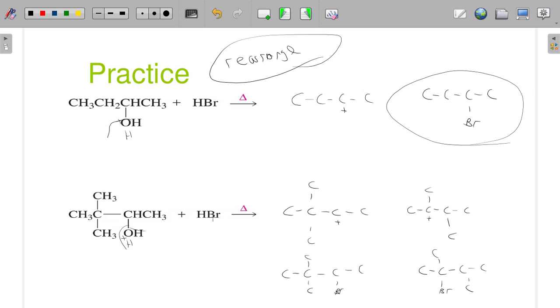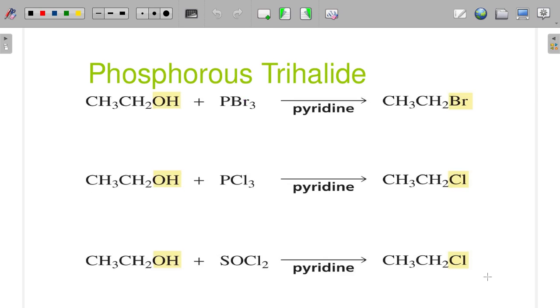It's a little bit outside the scope of our class, so right now you're just going to end up giving both products. And we will never be trying to identify a major product on the addition of HBr to a secondary carbocation or secondary alcohol.